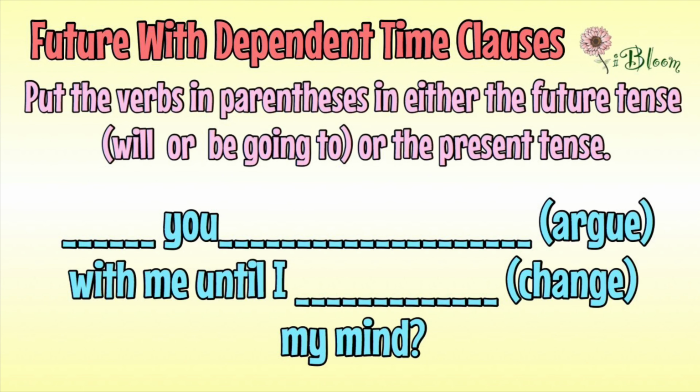Check the other one. What can you use here, will or be going to? Let's see. You argue with me until I change my mind. What changes can you make here?